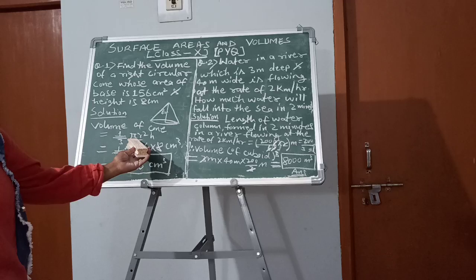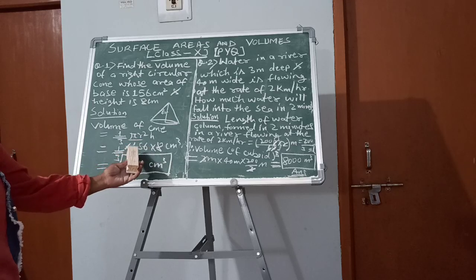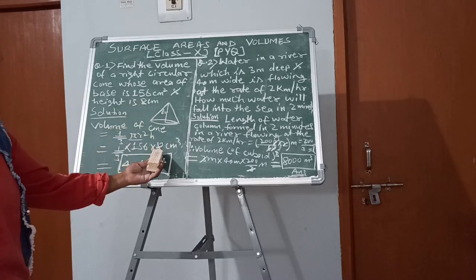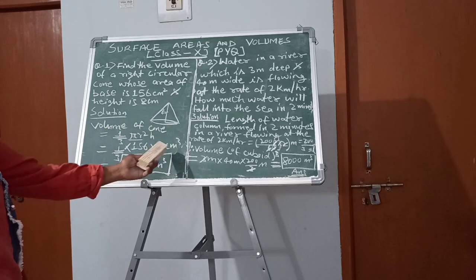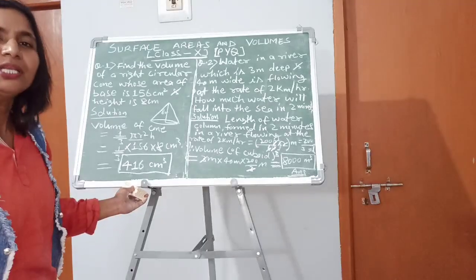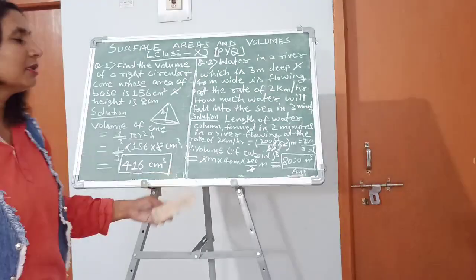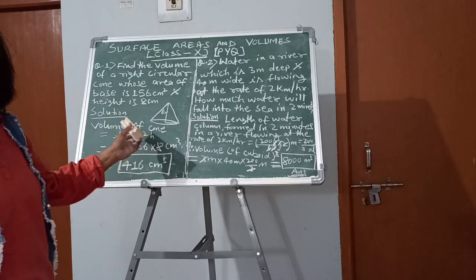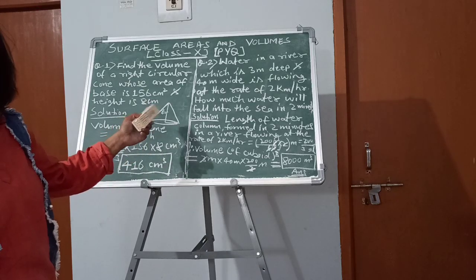So instead of pi r square we will write 156. Again, instead of h we will write 8 because it is given in the question. Now nothing to do, just multiply and after simplifying you will get 416 centimeter cube. So this is a one mark question asked in MCQ in CBSE 2023.